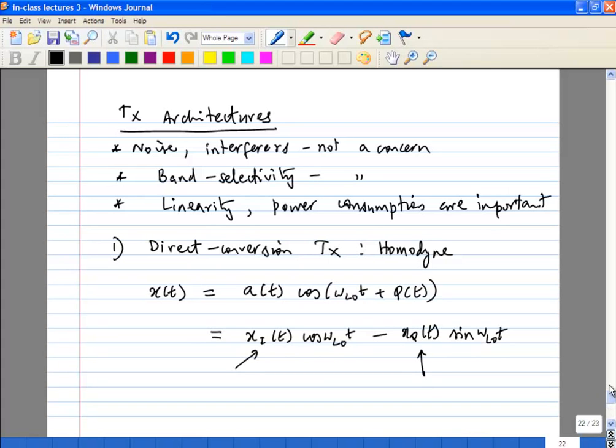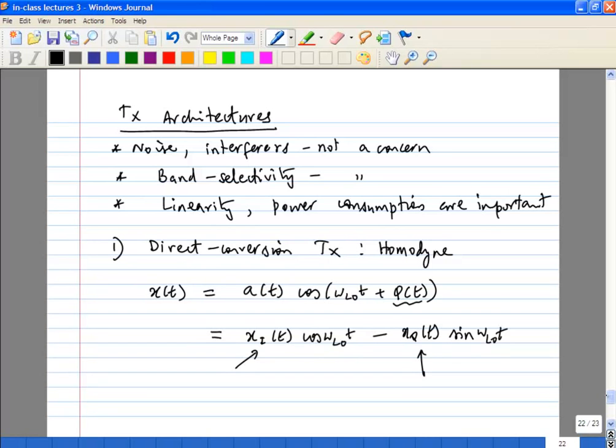Okay? And by the way, the other thing to note is, let us say you have information not in the amplitude but just in the phase. If you convert it to this form, you will find out that because each one depends on both A of t and phi of t, even if you have information just in this, you'll end up having to use in-phase and quadrature components.